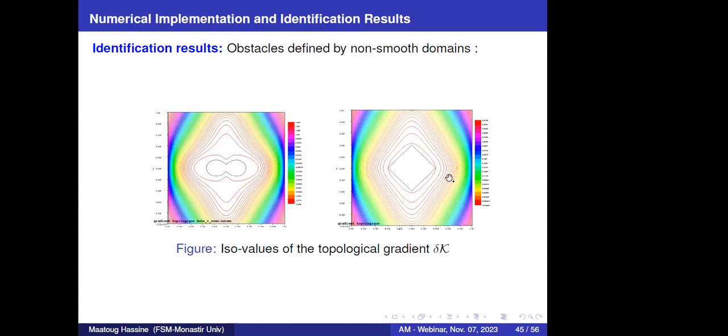However, the size is not well approximated by a level set curve of the topological gradient.